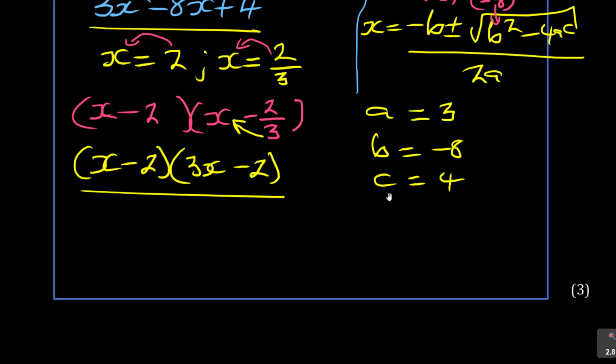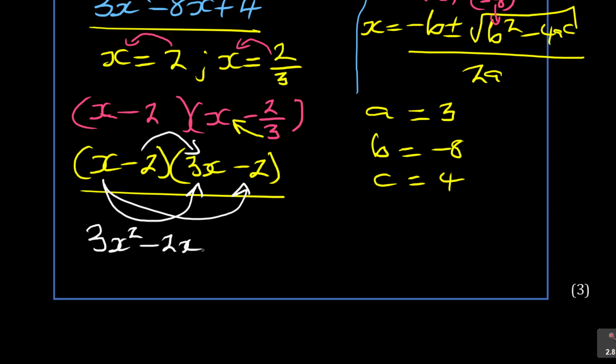Let's expand this. x times x is 3x squared. The other one, x times negative 2, is negative 2x. The other one, negative 2 times that, is negative 6x. And then the last one gives positive 4.